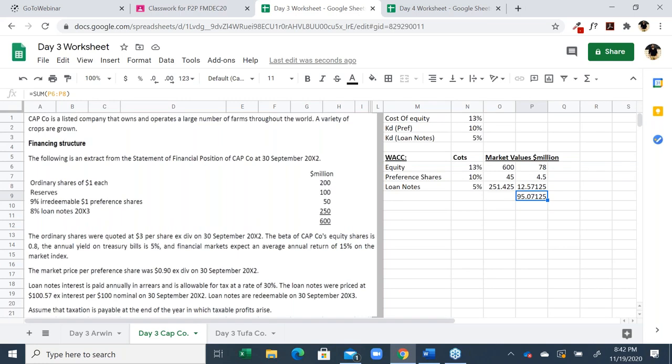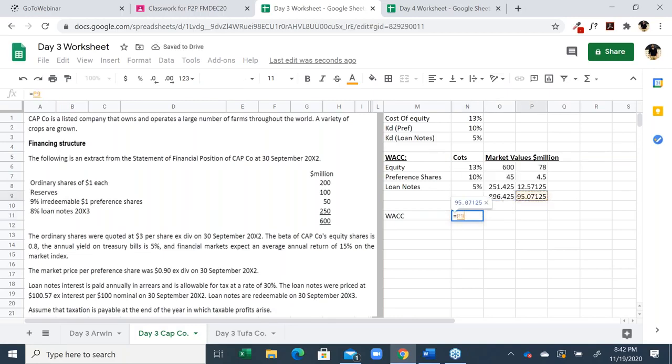And this is the total that we are paying against the total investment. The total investment in our company is equal to 896.425, against which we are paying an annual return of 95.07125.